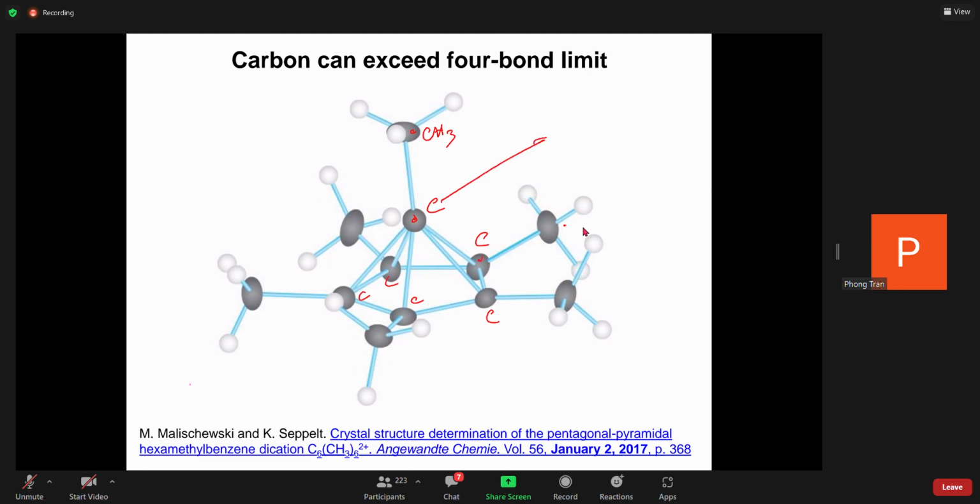This carbon, you will see, has 1, 2, 3, 4, 5, 6 sigma bonds. So it means what we learned from the textbook is not really helpful, if you want, to explain this case.